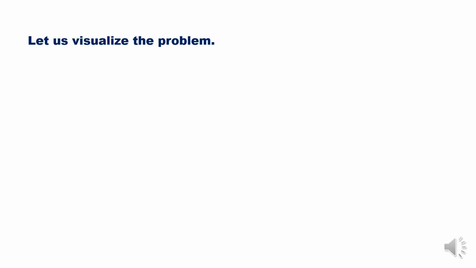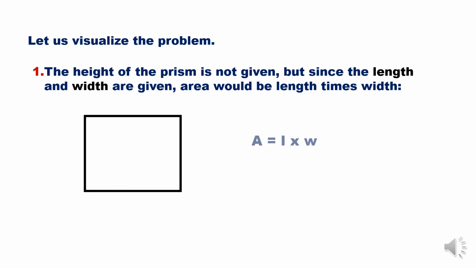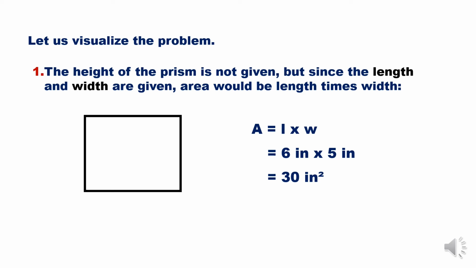Let us visualize the problem. First, the height of the prism is not given, but since the length and width are given, area would be length times width. The length is 6 inches times width 5 inches. The area is 30 square inches.